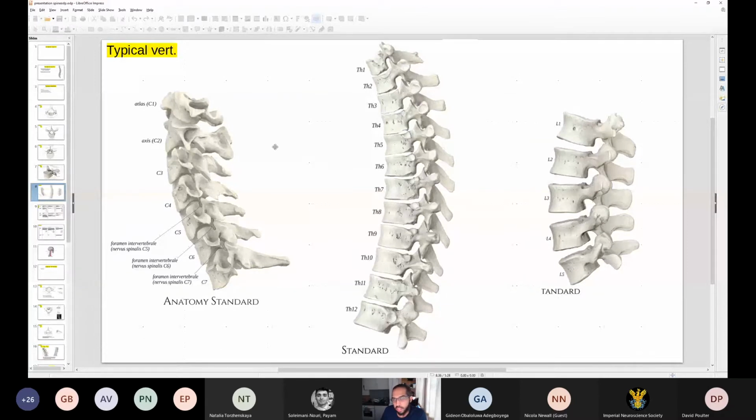Also, you can see the articulation between the different articular processes. For example, this is the inferior articular process of T1 articulating with the superior articular process of T2, and the inferior of T2 with the superior of T3, and so on and so forth.